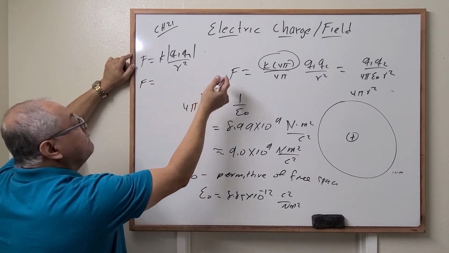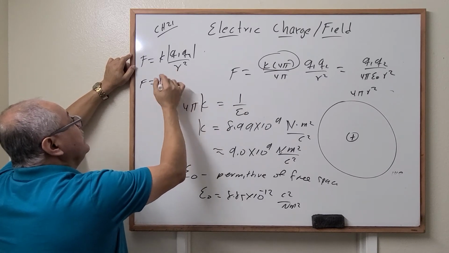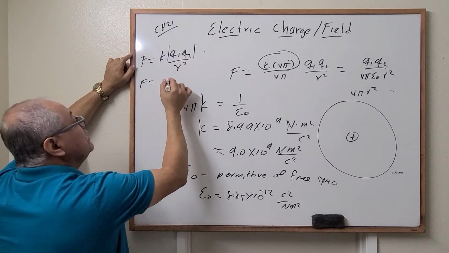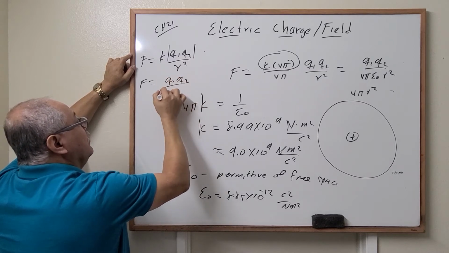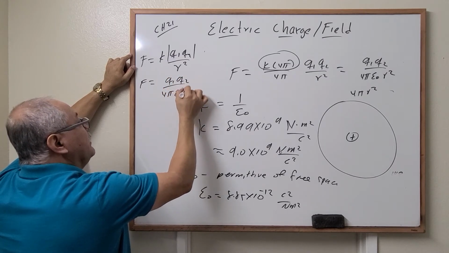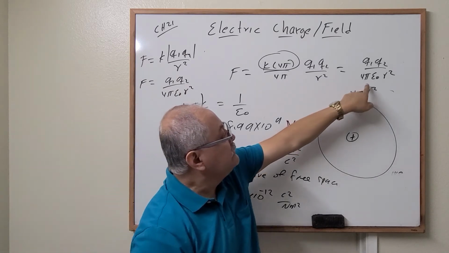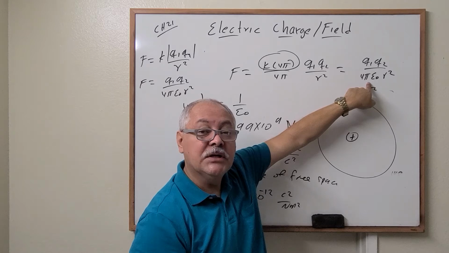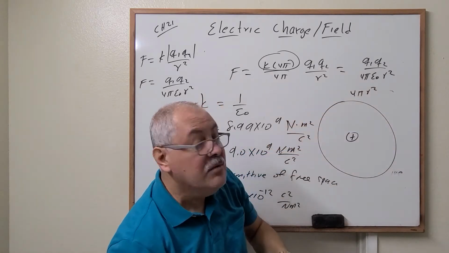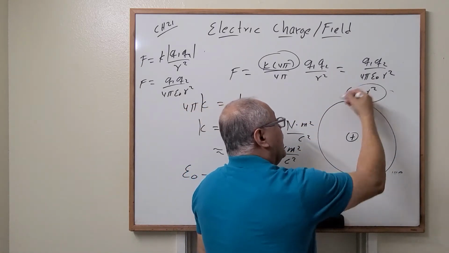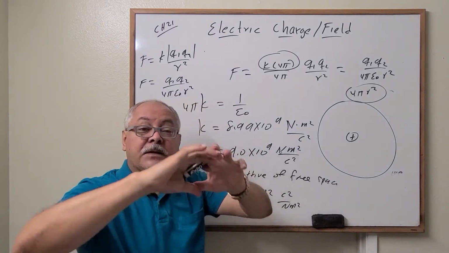Now we can represent the magnitude of the force as Q1 Q2 over 4 pi epsilon naught r squared. Again, we use this equation in cases that involve the surface of a sphere.